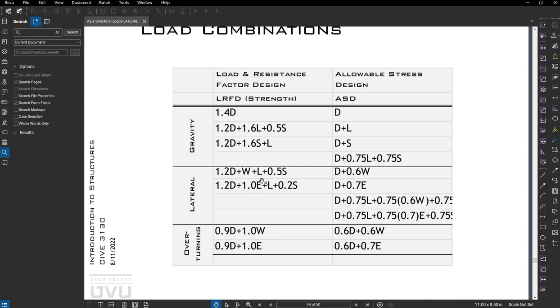One is just primary lateral loads with heavy gravity loads, and then we have an overturning set where if the building's tipping over due to lateral forces and we're using the weight of the building to resist that, we want to use a minimized dead load or gravity load. So you'll notice in these overturning combos, there's no live or snow, just a lower percentage of dead load.